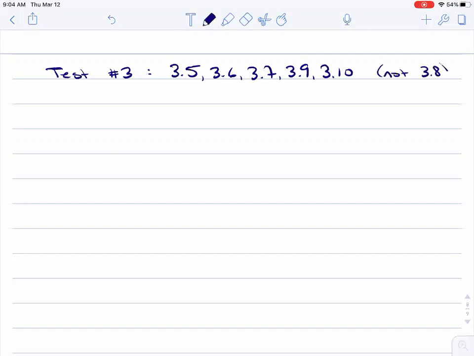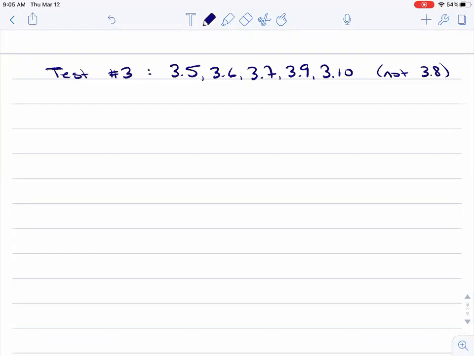Just not 3.8, I guess. There's no real stuff going on, it's just developing population curves and stuff like that in 3.8. So you definitely could do it, but you don't have to. All right.